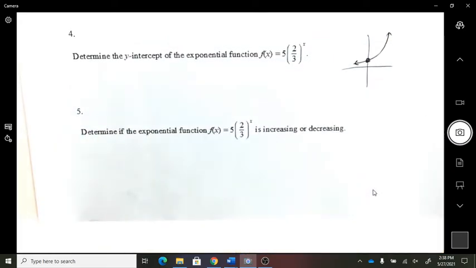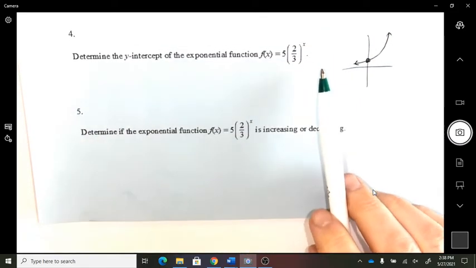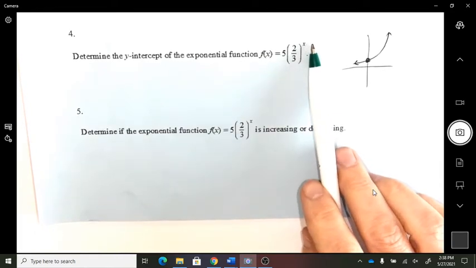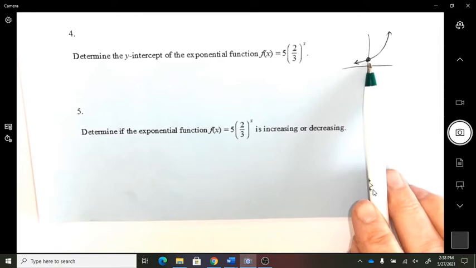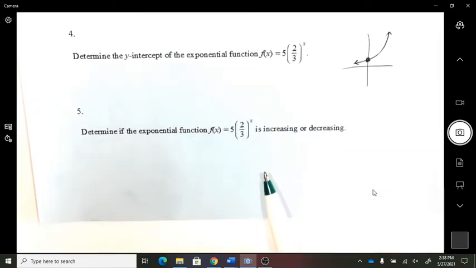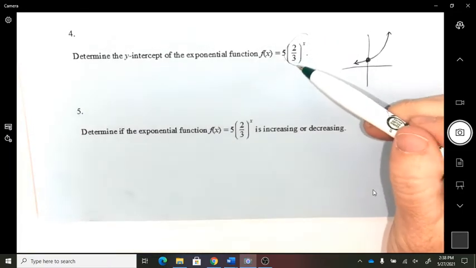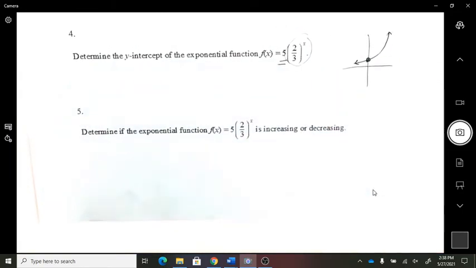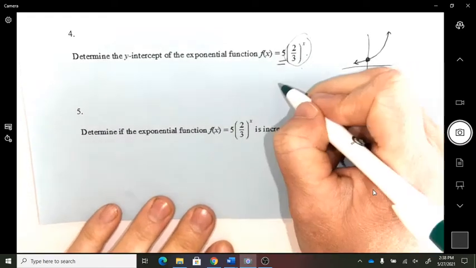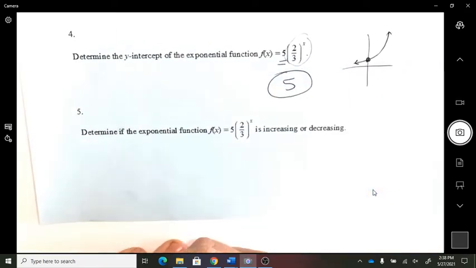Because if a graph that's normal has an exponent of 0, what's anything to the 0? 1. But this is different, so what is the y-intercept? Think about the exponent part being 1, but then you're going to have to times it by 5. So your y-intercept would be at 5. Also, you can just put it into your graphing calculator, but I hope you can make these connections as well.